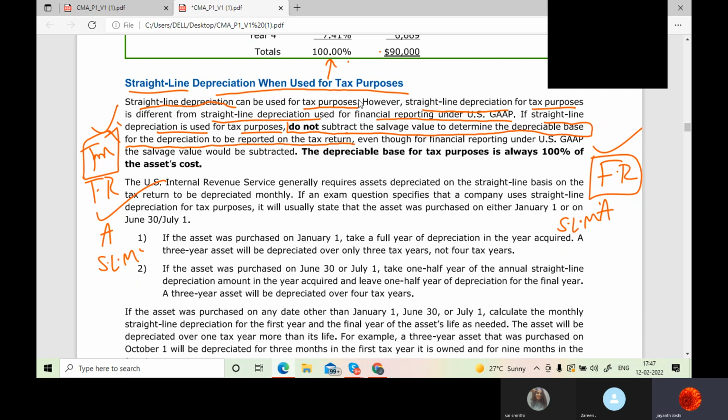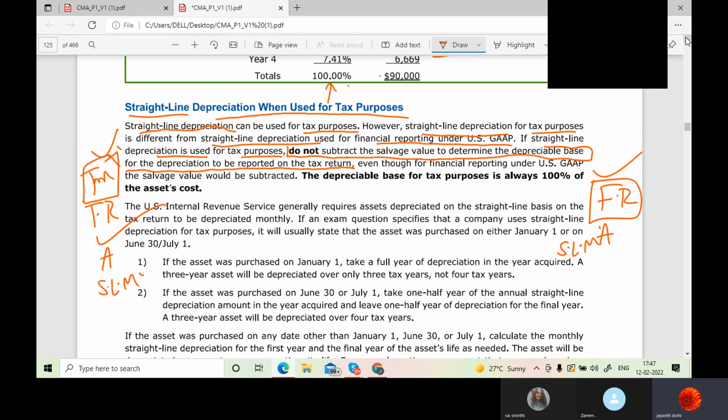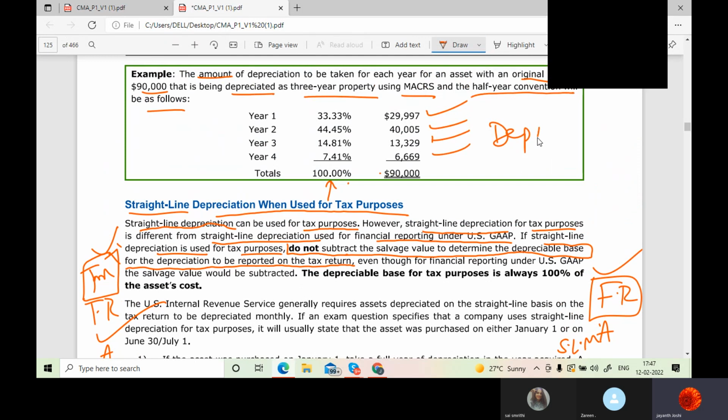So what the tax rules say, if you want to find out the depreciable base: when we prepare the financial report, we find out the depreciable base as what? Original cost minus scrap value or salvage value. So we remove this and the leftover part we depreciate.